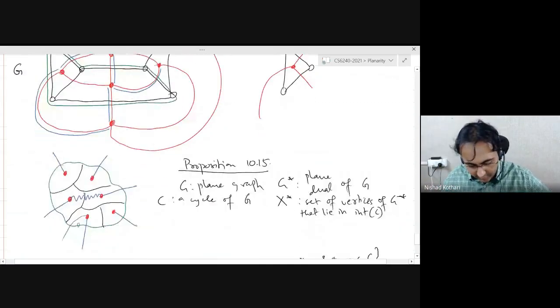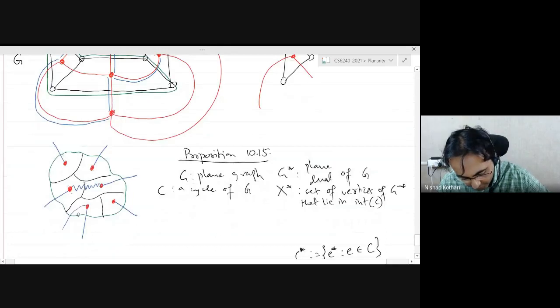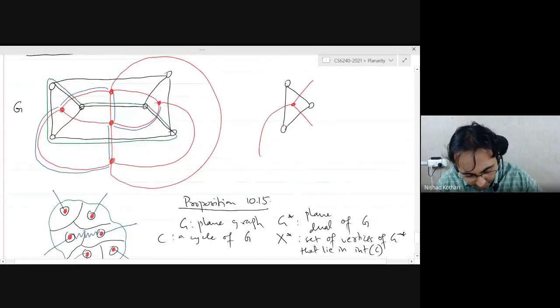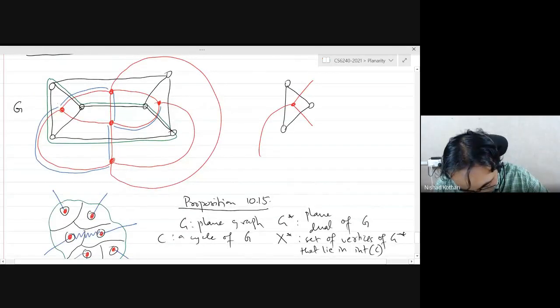So in our drawing here, X star is all the red colored vertices that I drew. In our example, there will be these two vertices.